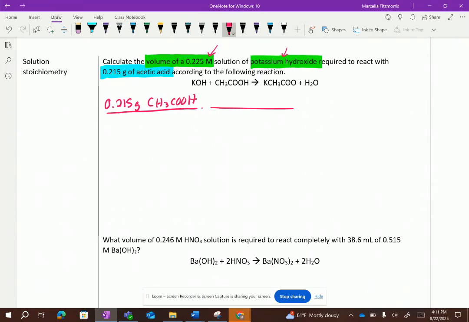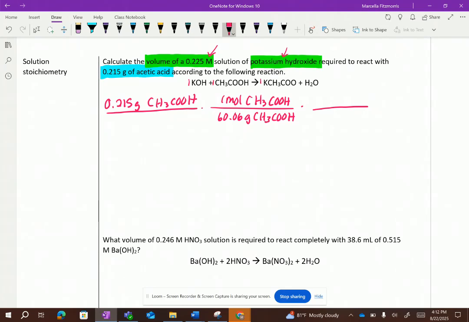I'm going to find the molar mass of the acetic acid, so I can change grams to moles. Then I'm going to use the conversion factor, the mole to mole ratio.